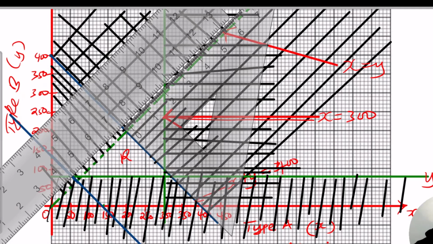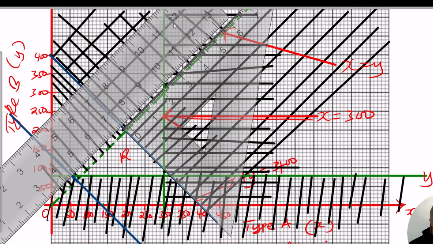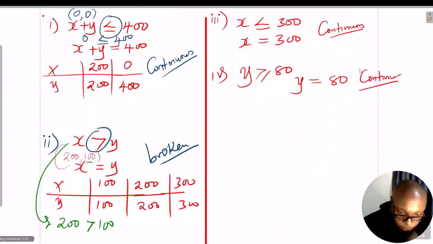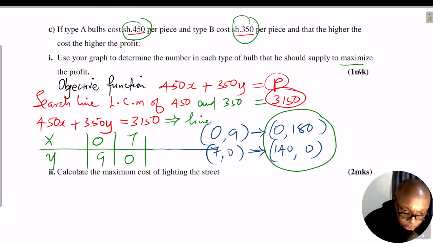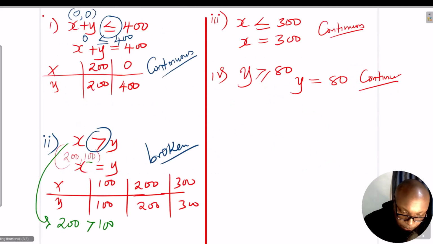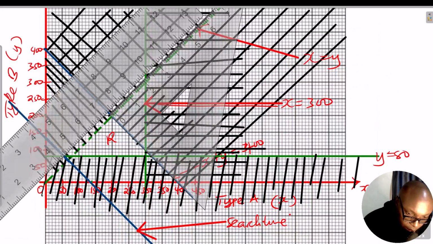So we go to the question. The question is the number in each type. So the point is (300, 100). It is here.